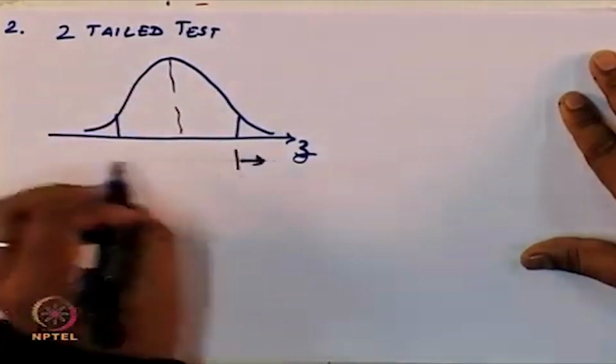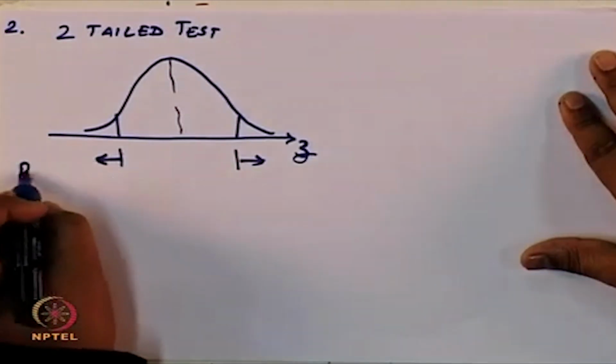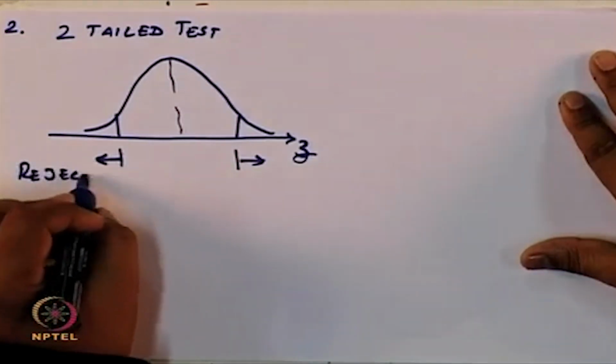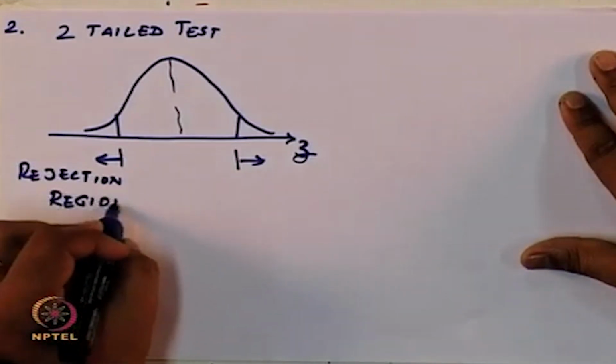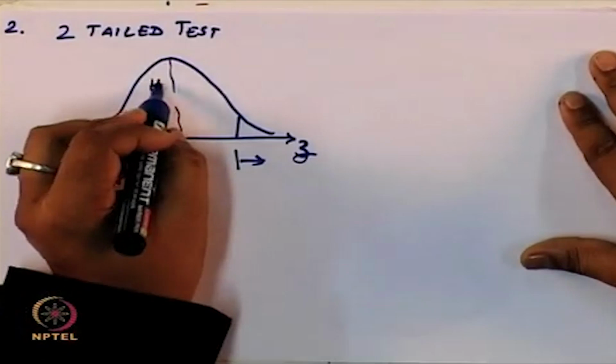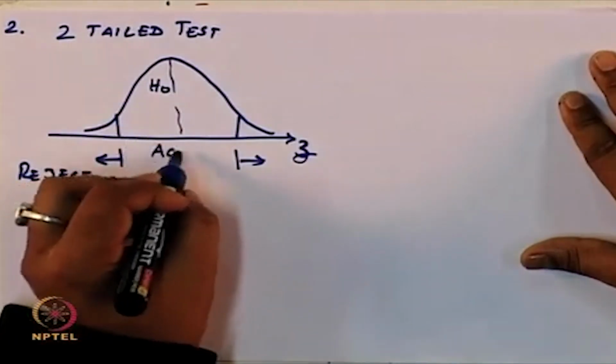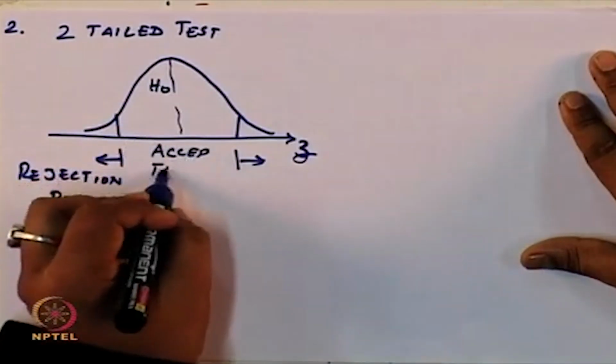So, this is the rejection region. And here H naught is true. So, this is the acceptance region.